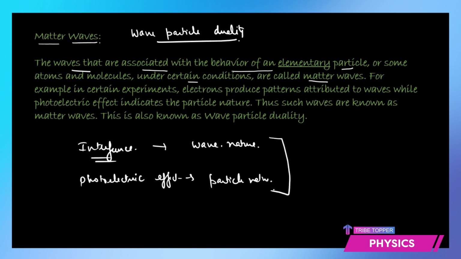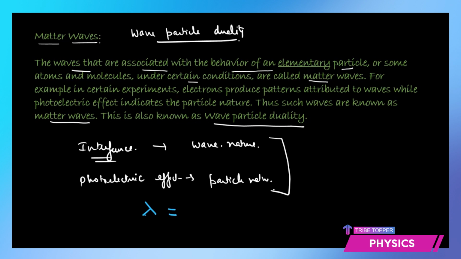So that means the electrons produce the wave patterns as well as the particle nature phenomenon. So those waves which are associated with electrons are known as matter waves, and this is known as wave particle duality.